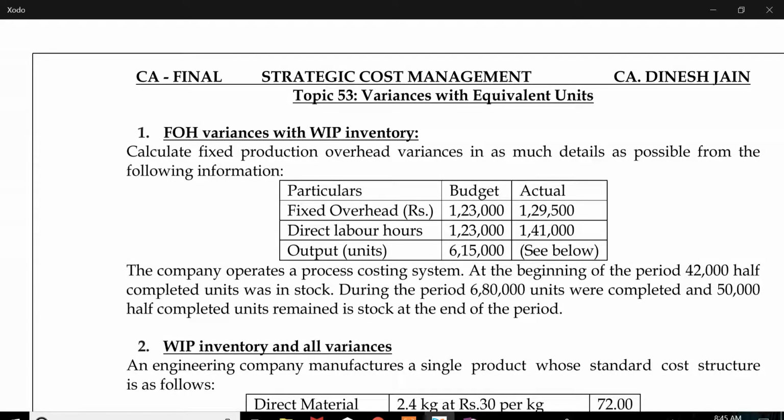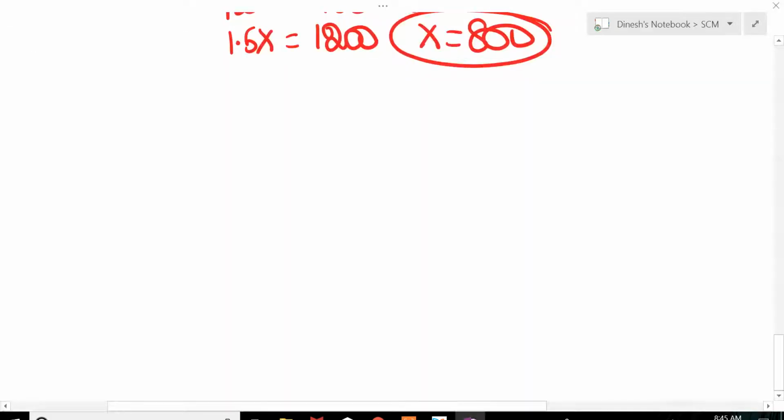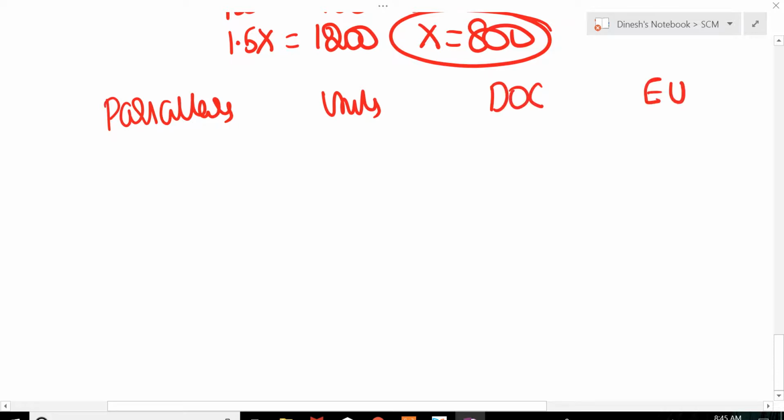Four columns: particulars, units, DOC, and equivalent units.